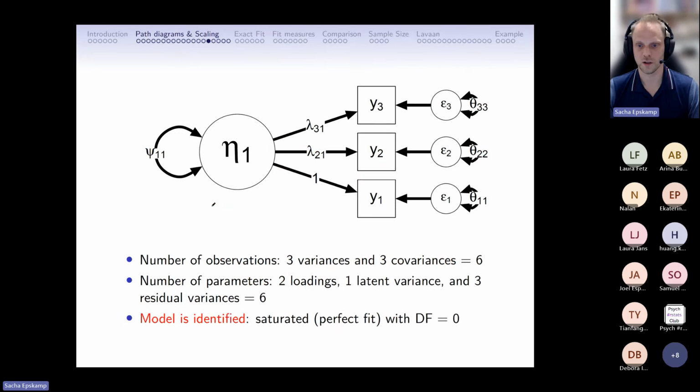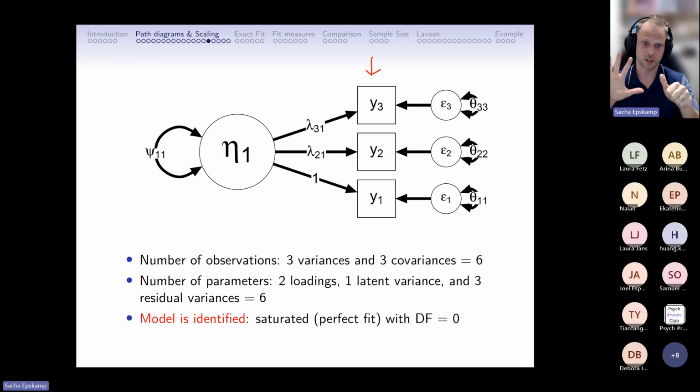All right, so let's try to make it bigger. So now we have 3 indicators. How many pieces of observations do we have now? We only look at the covariances. We don't look at the means because we ignore them in this set of slides. So we have a variance for y1, a variance for y2, a variance for y3, a covariance between y1 and 2, a covariance between y1 and 3, and a covariance between y2 and 3.